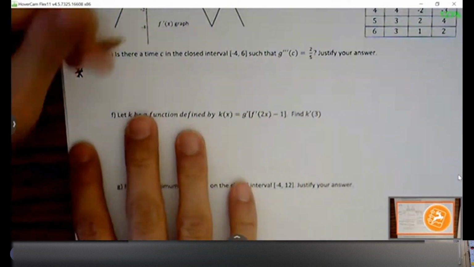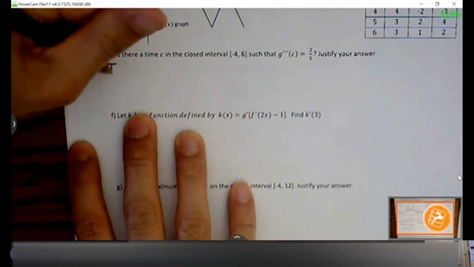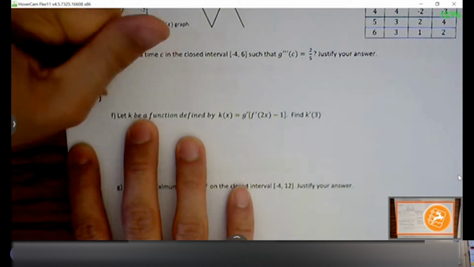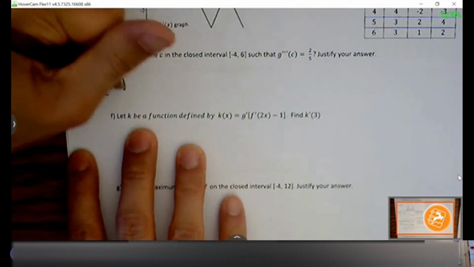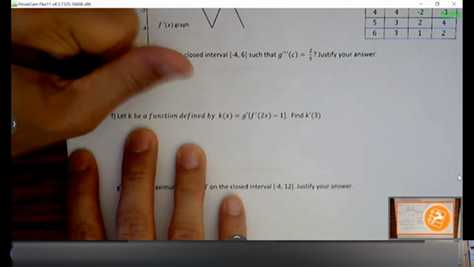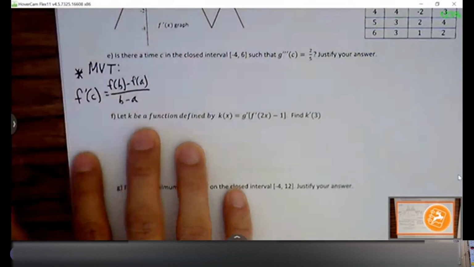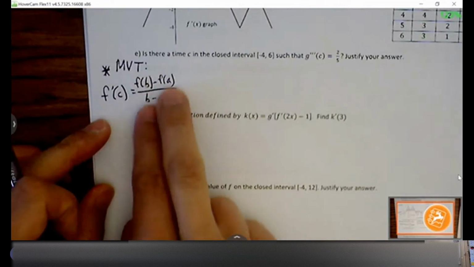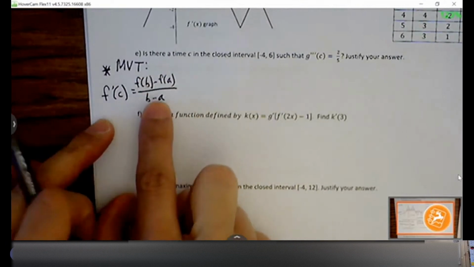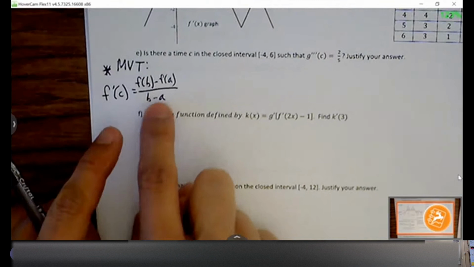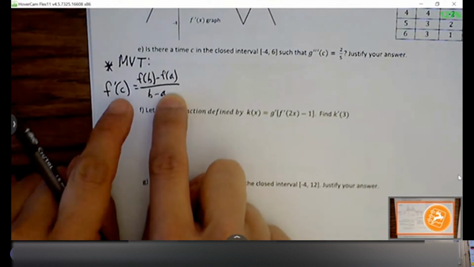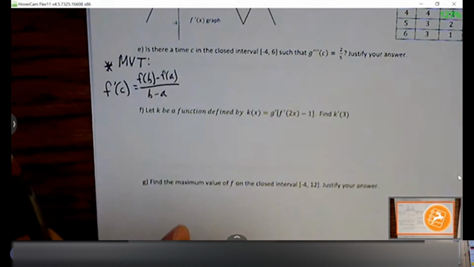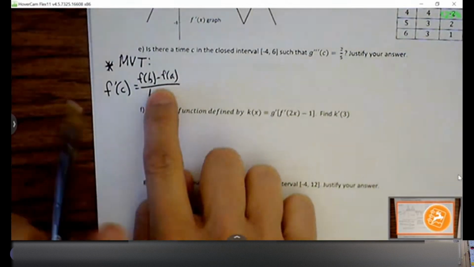Okay, so we know mean value theorem has this original look, right? If you look on your formula sheet, so if I can figure out that there's a slope between the endpoints of a certain value, then I know that somewhere along this graph, there's going to be an exact steepness that also matches the slope that we found here.